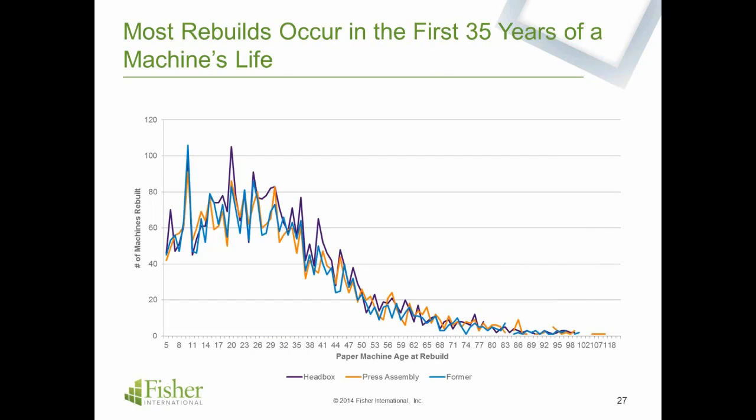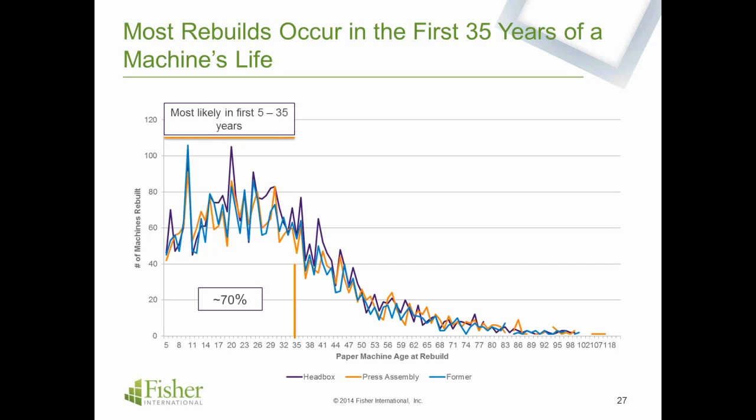So let's take a look at this chart for a minute. I think this tells a very interesting story as well. And again, it surprised me. I'll be curious to know whether it surprised some of you, that most of the rebuilds on machines that we have seen, now we're just looking at rebuilds on the head box press assembly or formers in this view, but most of those rebuilds have happened on machines in the first 35 years of their life.